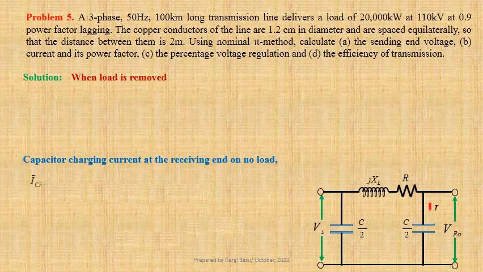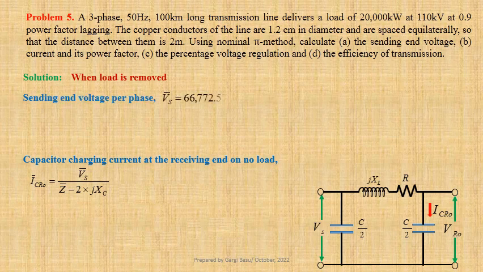Now we shall remove the load from the receiving end and calculate capacitor charging current at the receiving end on no load. ICRO equals Vs divided by Z minus 2 into jXC. We have obtained sending end voltage per phase, Vs equals 66,772.573 volt at an angle 2.8878 degree.